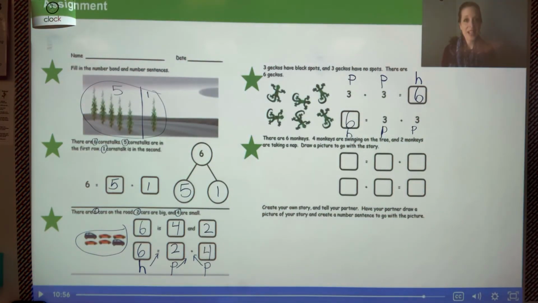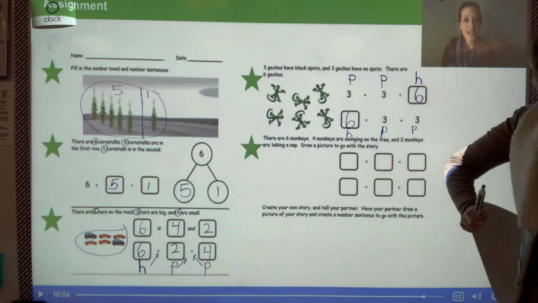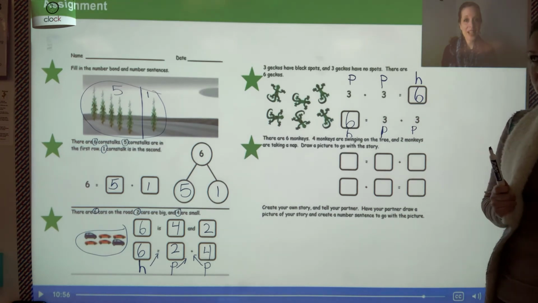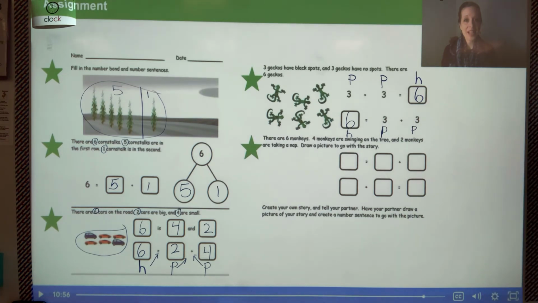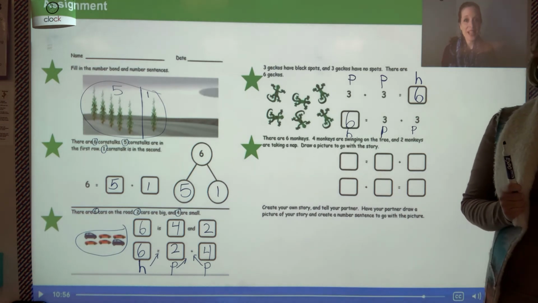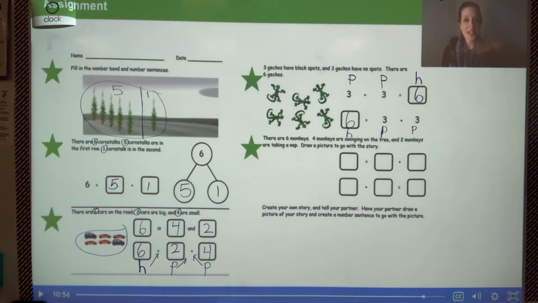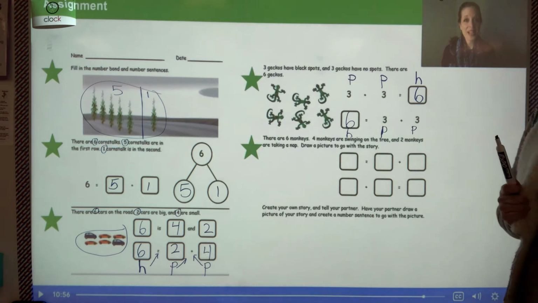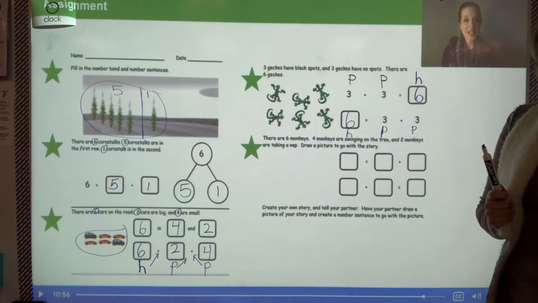Go ahead and label the whole and the parts. When you're finished, raise your hand and tell me how you did it.